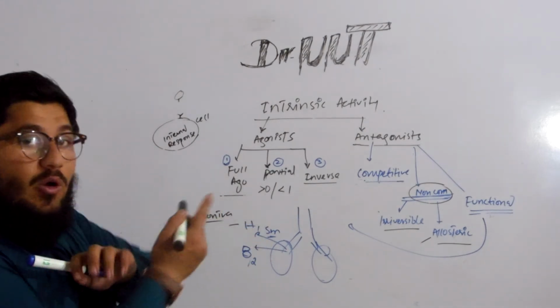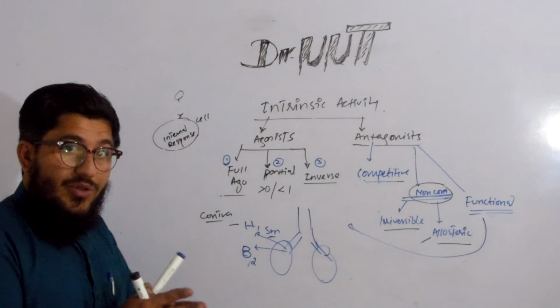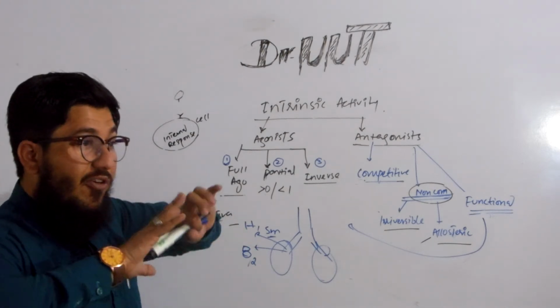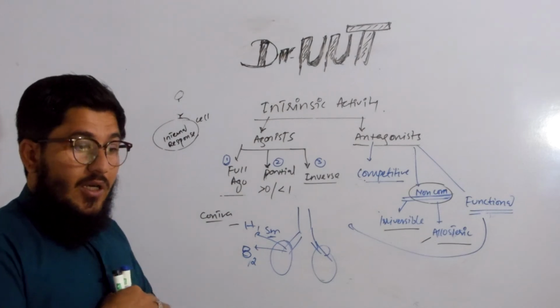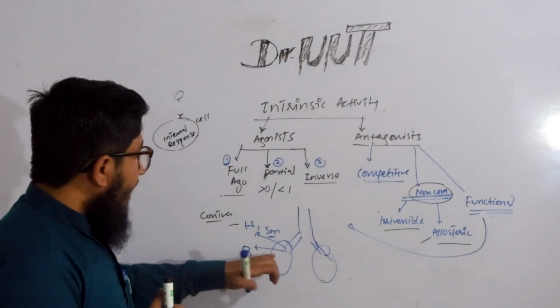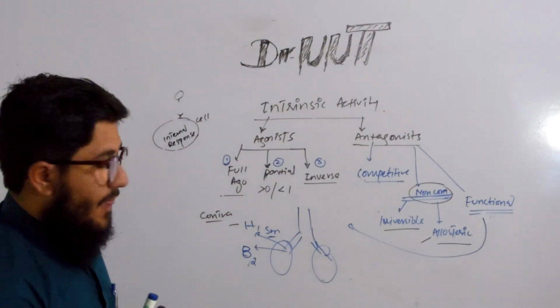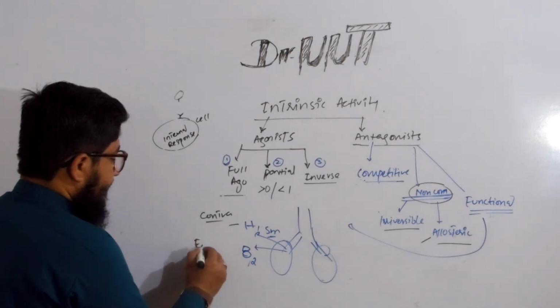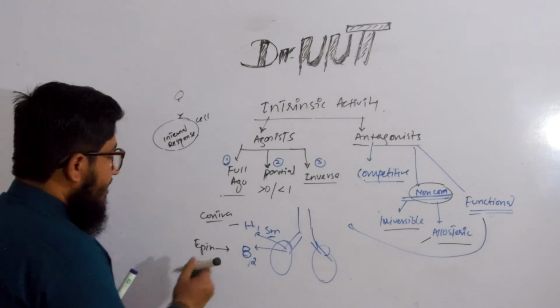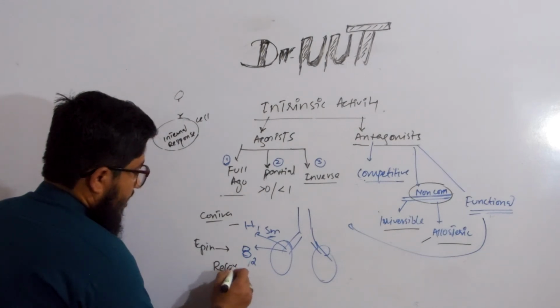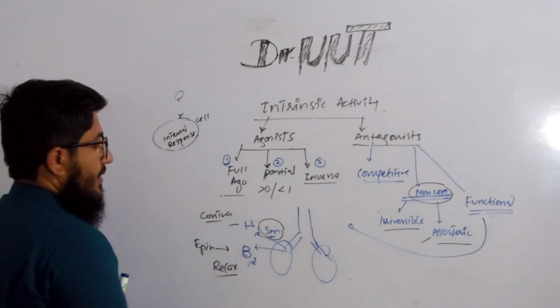Now what is functional antagonism? The receptors, when they activate, will have functionally antagonistic characteristics, functioning in different ways. Now another receptor is here, beta 2. When epinephrine comes, it will stimulate the beta 2 receptor, which will cause the relaxation of the smooth muscles.